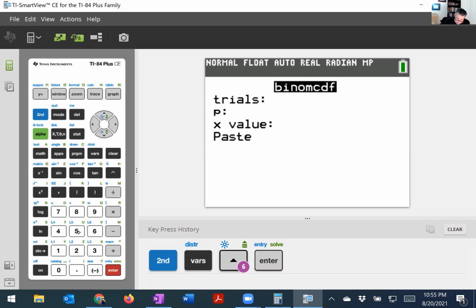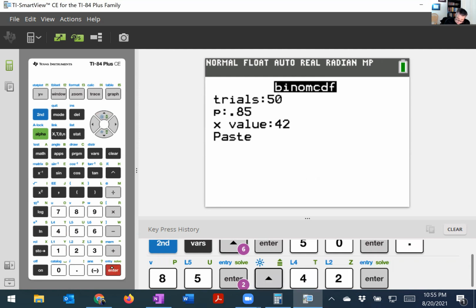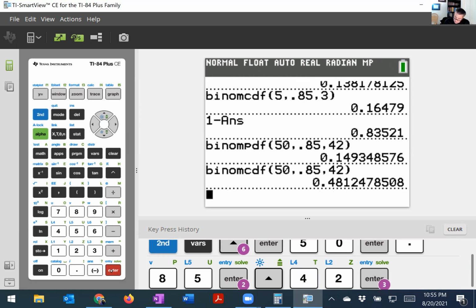How many trials were there? 50. What's the probability? 85%. And let's do the X value, which is 42. Okay, and we're going to paste that and hit enter. And now we get 0.4812, binomial CDF. Okay, 0.4812.